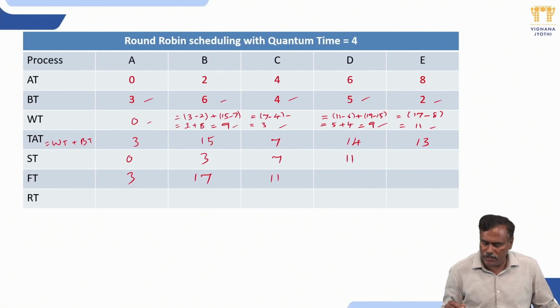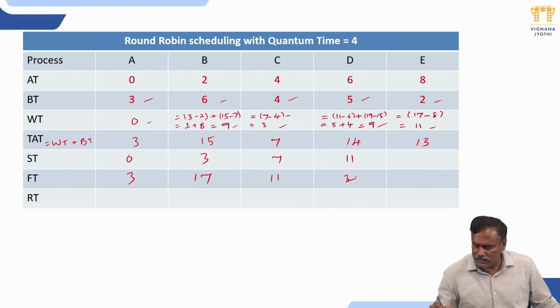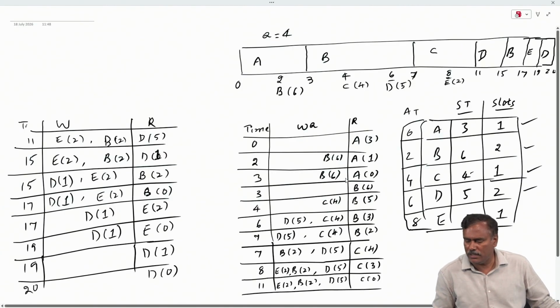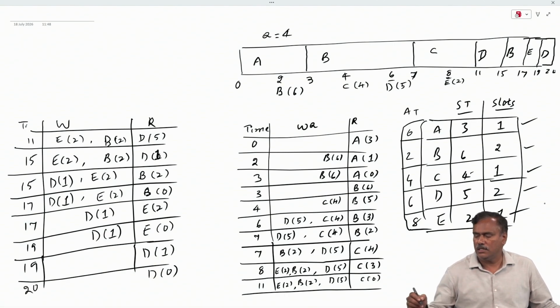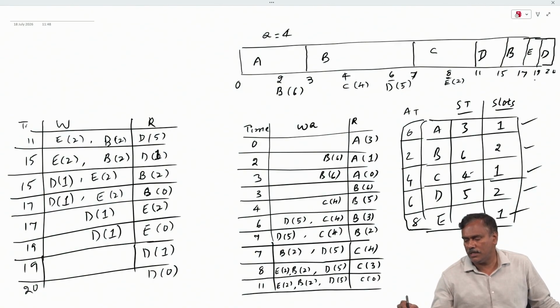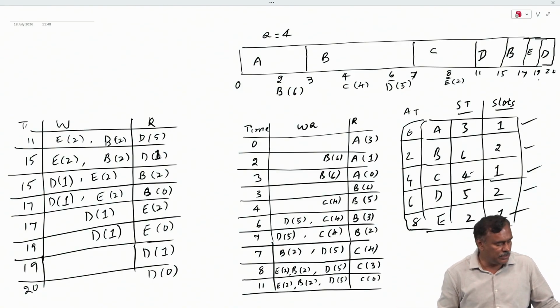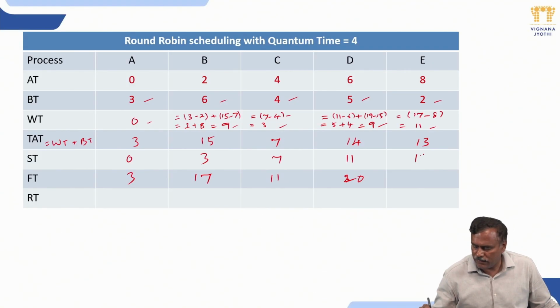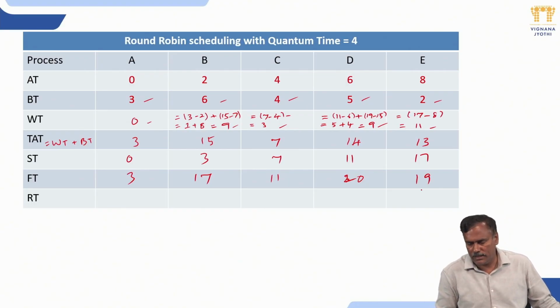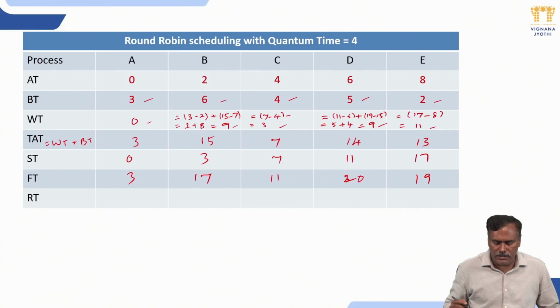So 20 is the finish time of process D. And then coming to process E, it has been executed in just a single slot, from 17 to 19. So start time is 17 and finish time is 19. So these are the start and finish times of all these processes.